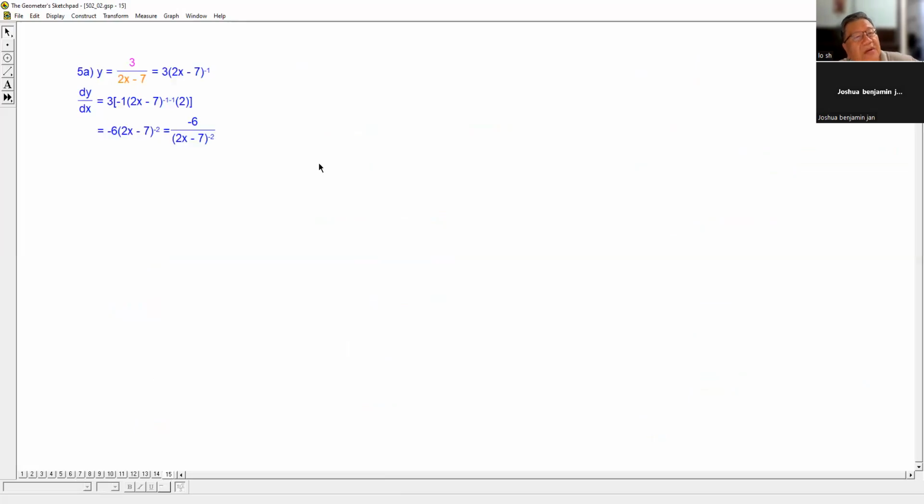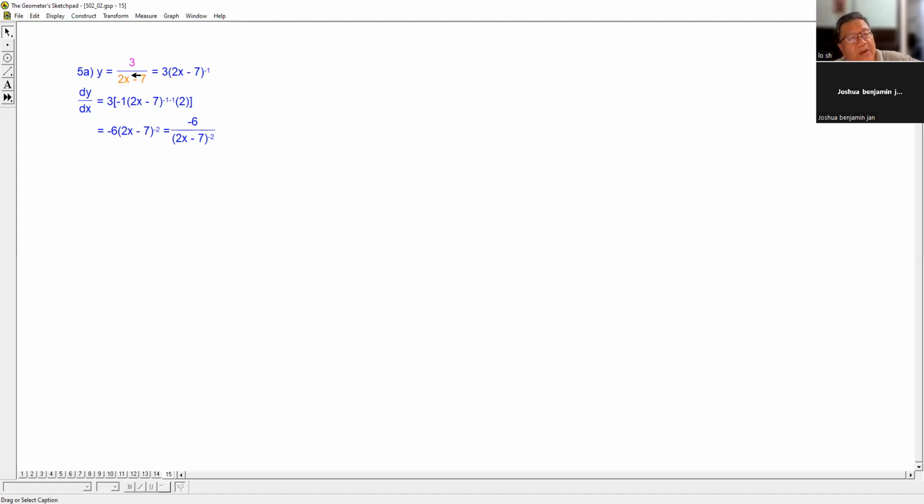Okay. Then I look at this one. But this one, I can see there is only one function here. The top is actually a number, not a function. Maybe you can look at it as a function, but I look at it as a number. So I change it: the top I put 3.